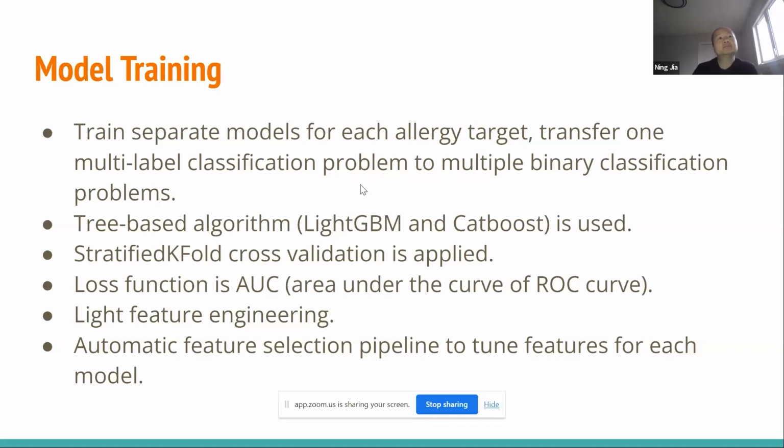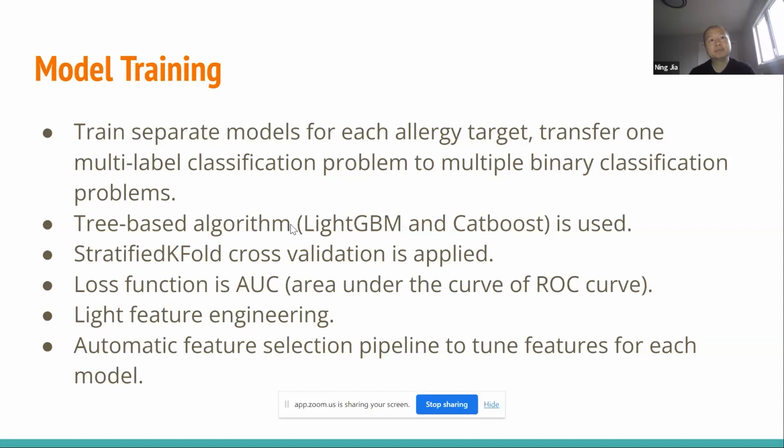For the algorithm, I use tree-based algorithms because they are typically good for small tabular datasets. Here LightGBM and CatBoost are used, with stratified k-fold cross-validation. I believe I only use 5 folds. The metric is AUC because it generally works well for binary classification.